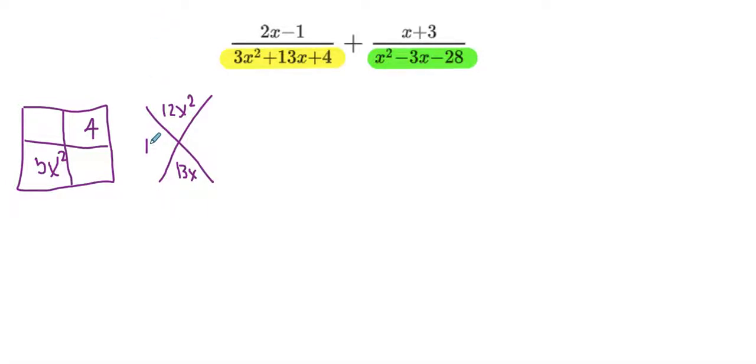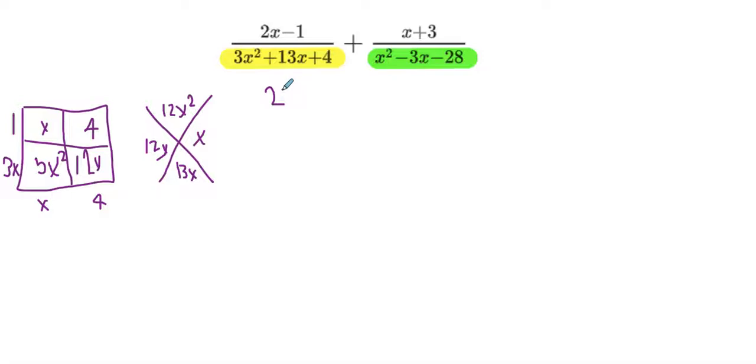This is an easy one. 12 and 1. So we have 12x and x. This is going to be 3x, x, 1, 4.